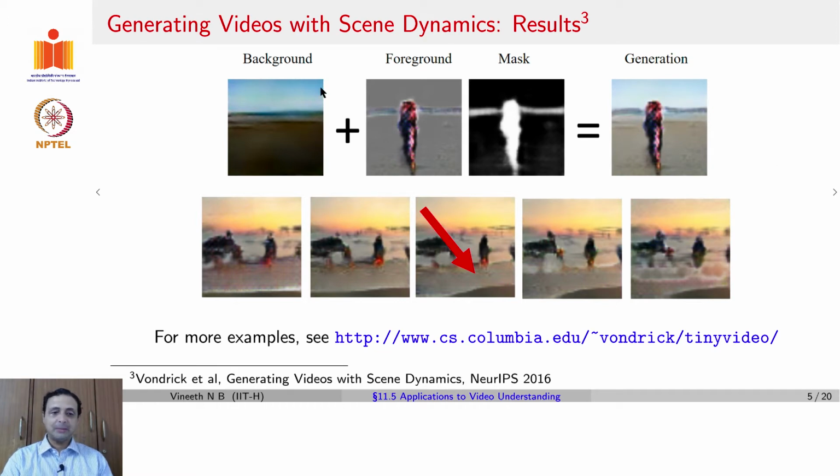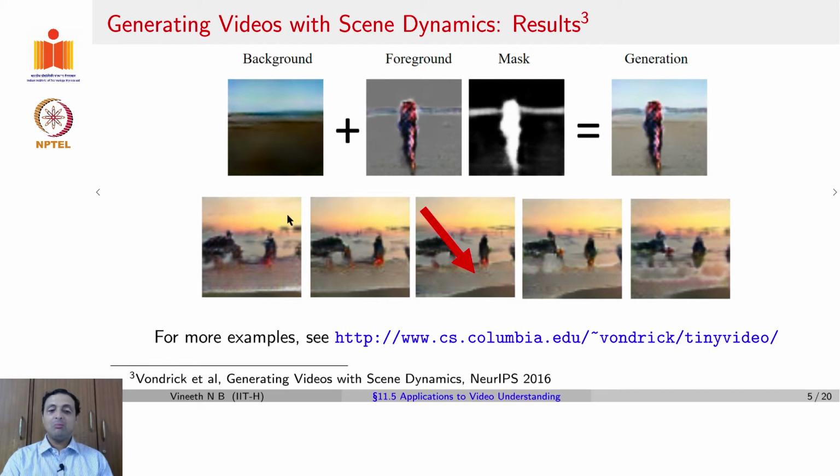On top you can see a background scene that's generated, a foreground that's generated, a mask that's generated along with the foreground, and together we see the final generation to be a combination of the background and the foreground using the mask.